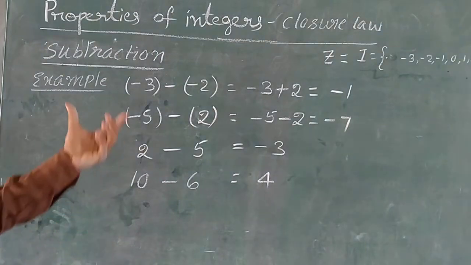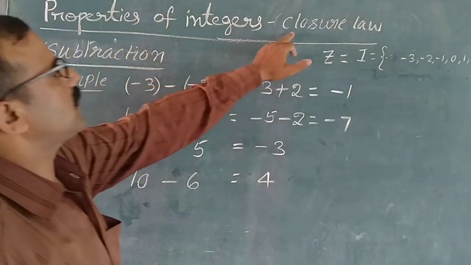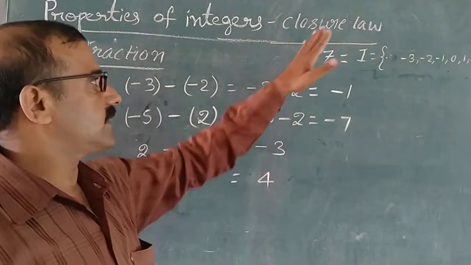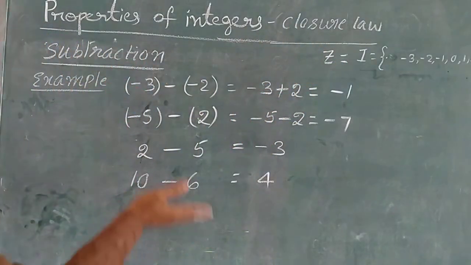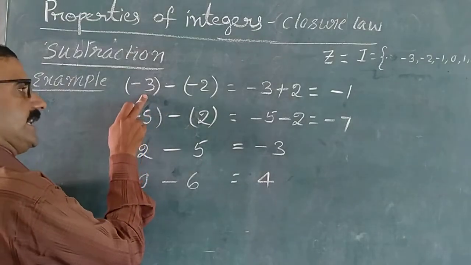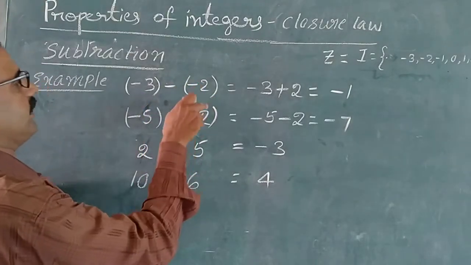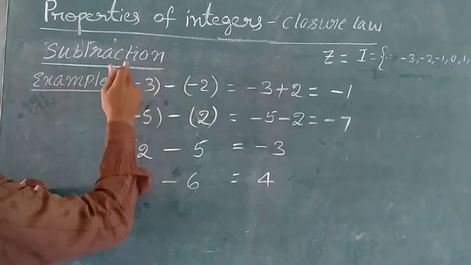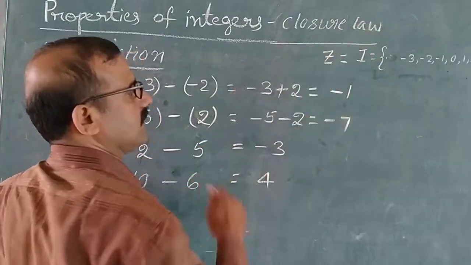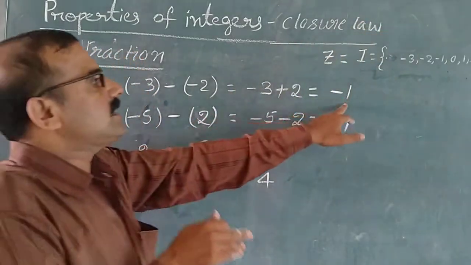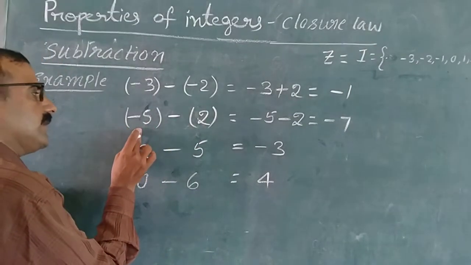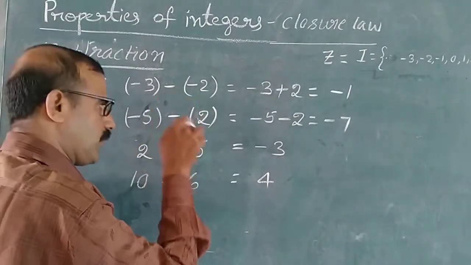Okay children, here you observe the properties of integers, closure with respect to subtraction. Before, we discussed addition; now the same property with subtraction. Take this: -3 is a negative integer, -2 is also a negative integer. When we subtract two negative integers, you get -1, that is also an integer. So when we subtract, the result is also an integer. In the second example, -5 is a negative integer, 2 is a positive integer.